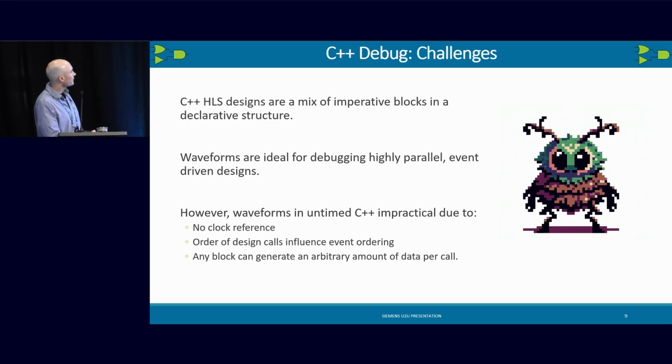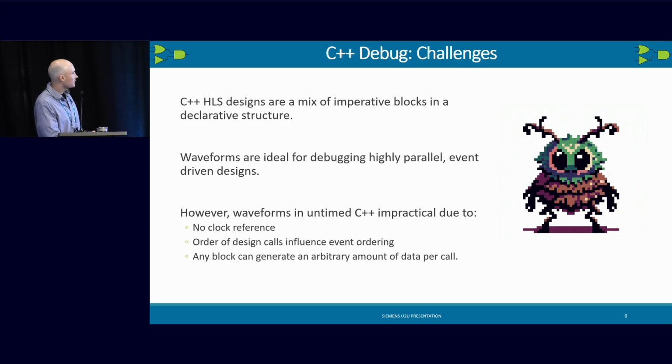The challenge with HLS is that we have a mix of those two paradigms. Each individual function or block is an imperative step-by-step block, but then we've connected the functions together in a declarative structure, and you really want to be able to debug at the function output level.